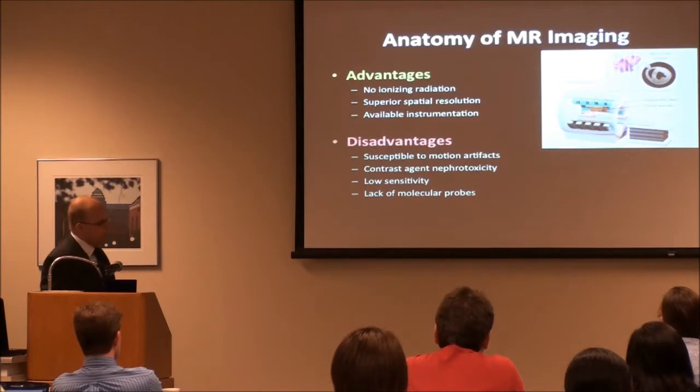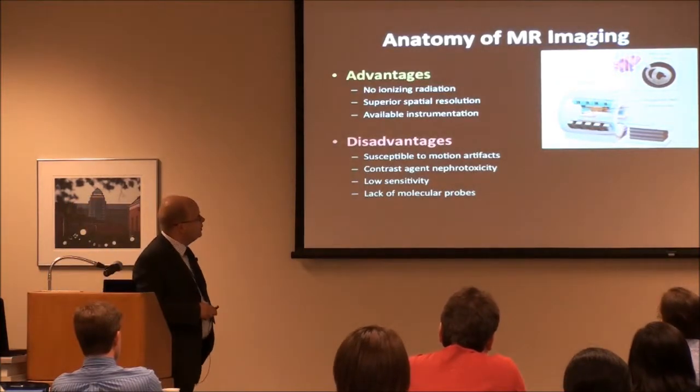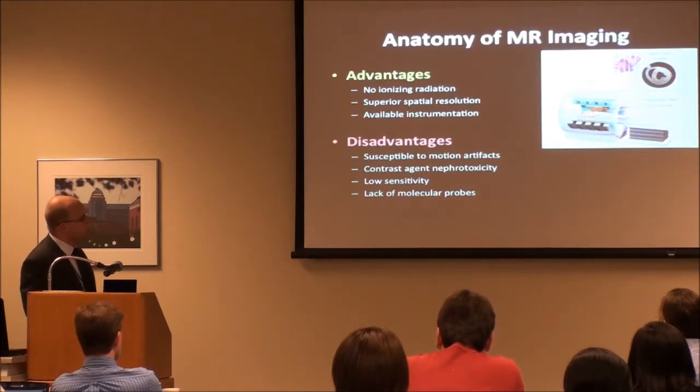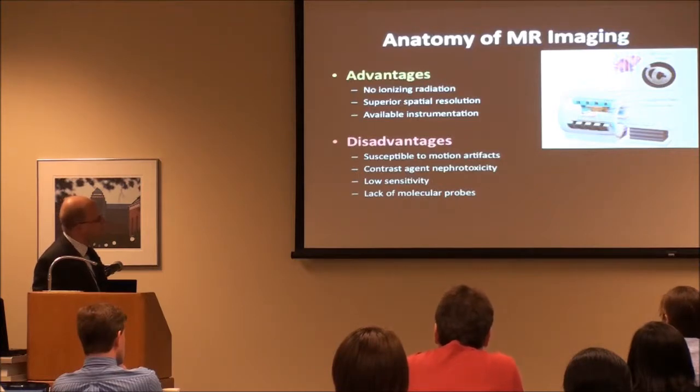Other techniques have been developed to overcome the problem of ionizing radiation. Magnetic resonance imaging has a couple of advantages. The main advantage is there is no ionizing radiation, so it could be used multiple times in the same patient without any problem with radiation exposure.